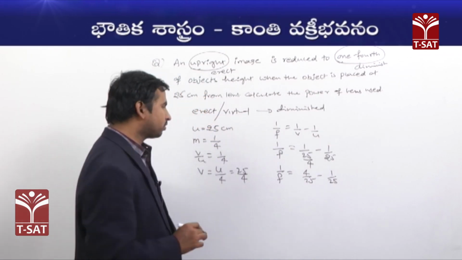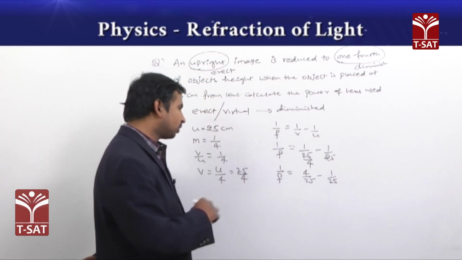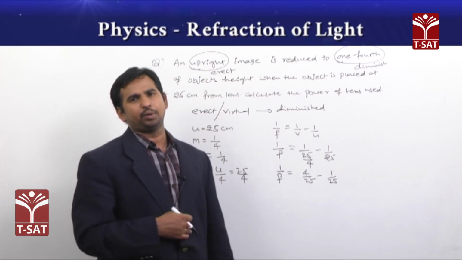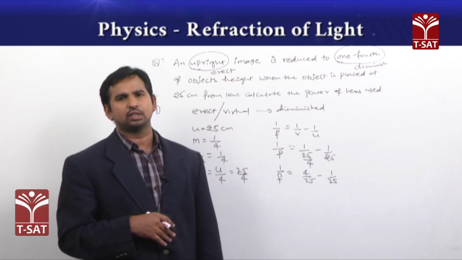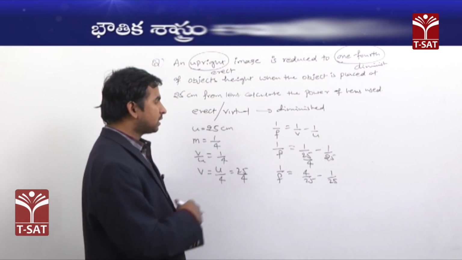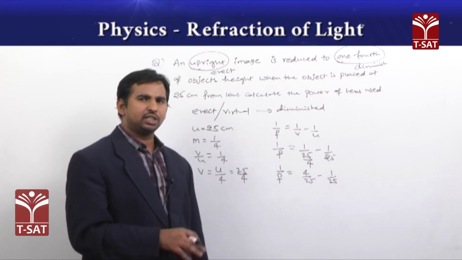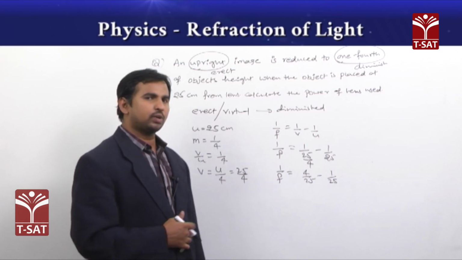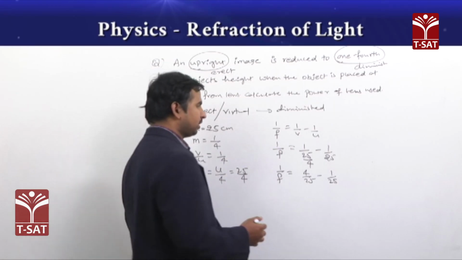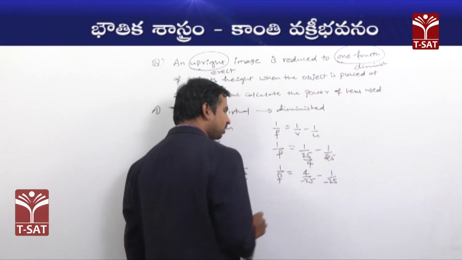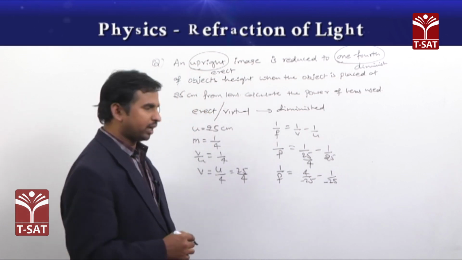Then if you apply the sign convention here, as it is given that it is forming an erect or upright image, erect images are formed on the same side of the lens. So as it is formed on the same side of the lens, object and image both have the same sign convention. So for the object distance it is minus, and for the image distance also it is taken as minus here.